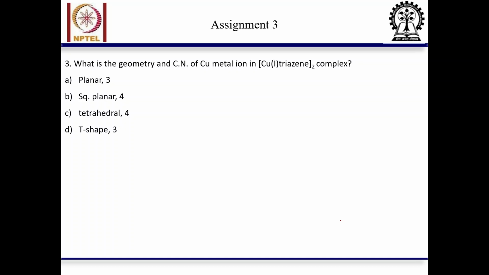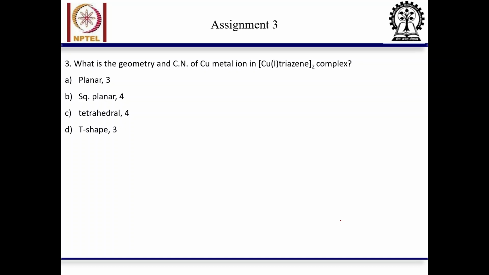Again, this is a question on coordination number 3. Anyone? Okay, so let me go to that.